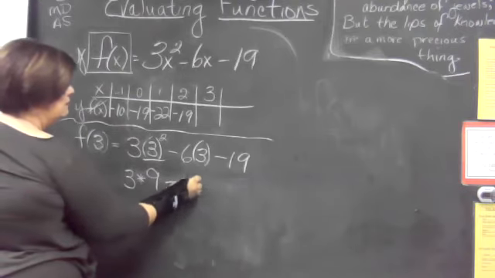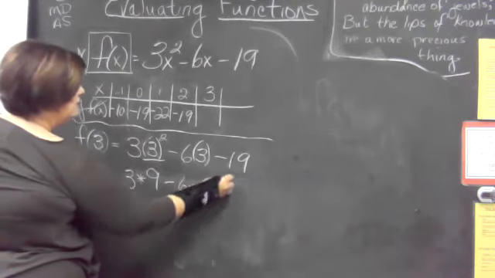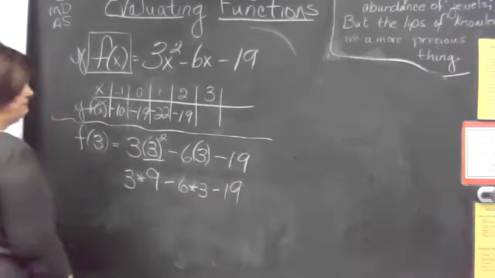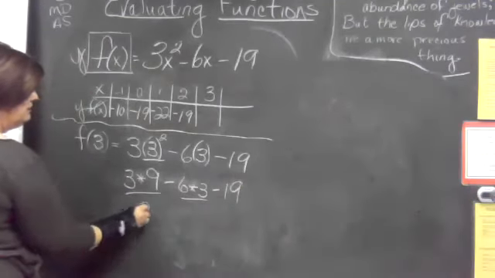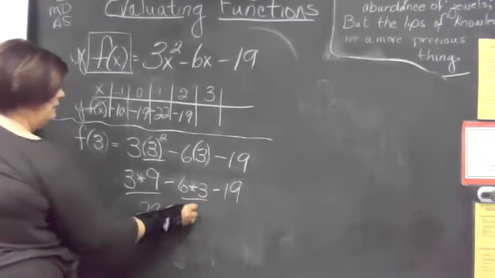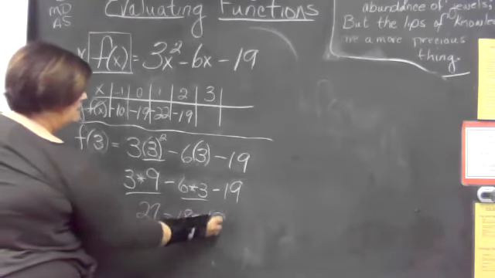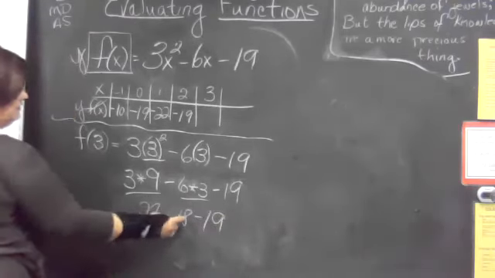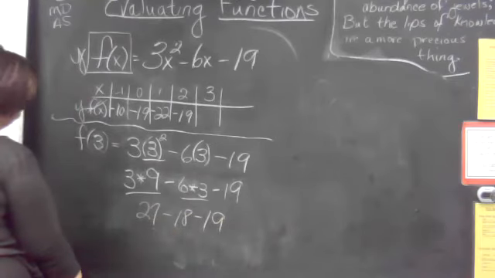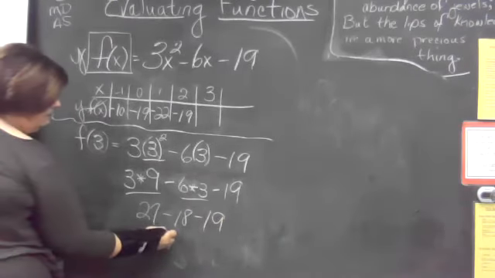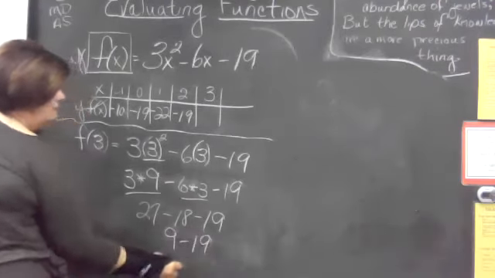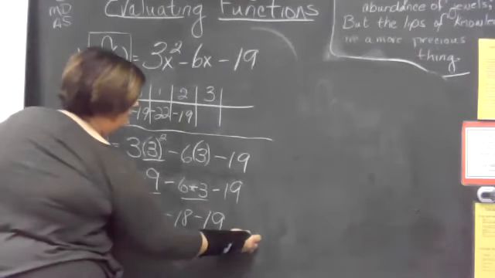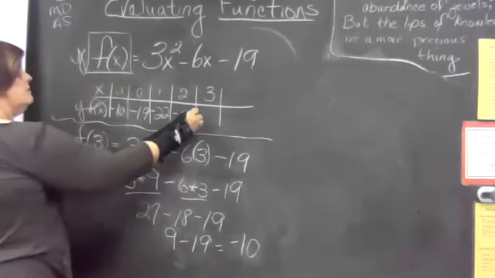Minus 6 times 3 minus 19. I'm going to do this one and this one. So I have 27 minus 18 minus 19. 27 minus 18, I think, is 9. 9 minus 19 is a negative 10.